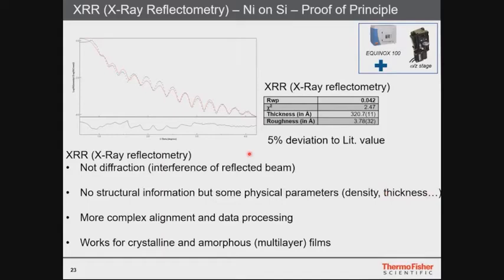This method even works with hundreds of stacks of layers, and the only precondition is that the layers have to be quite thin, something like 100 nanometers, and the sample has to be absolutely perfect. But then it works also for crystalline and amorphous materials. So there is no limitation for crystalline materials for this technique.